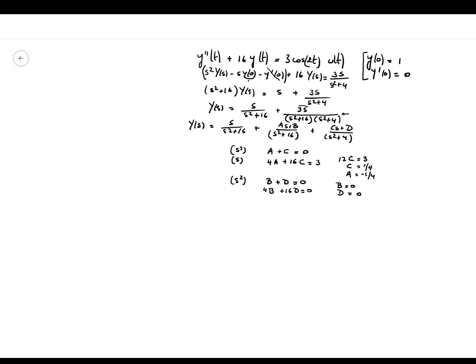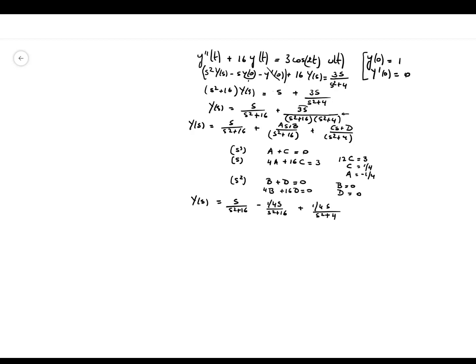Okay, so now we can write Y of s. So, s squared plus 16. Okay, so what do we got here? So in the terms minus a fourth, s squared plus 16, and we have a s, of course, over here, plus a quarter, s squared plus 4.